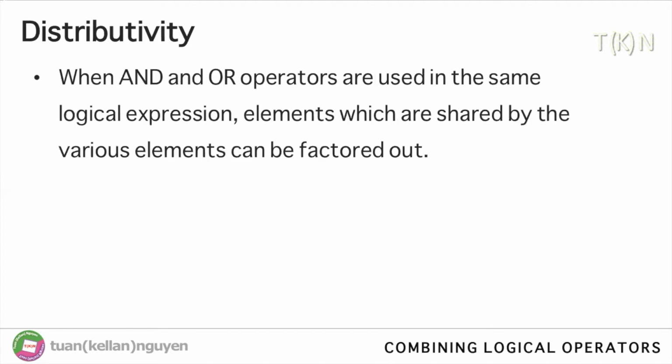The third rule, distributivity. When the AND operator or OR operator are used in the same logical expression, elements which are shared by the various elements can be factored out.